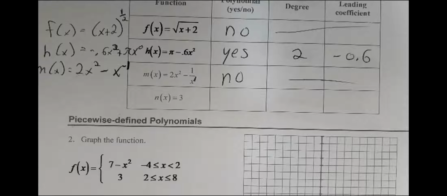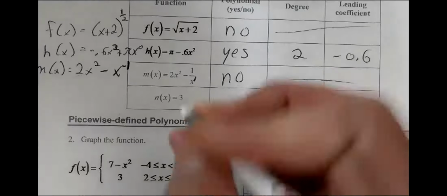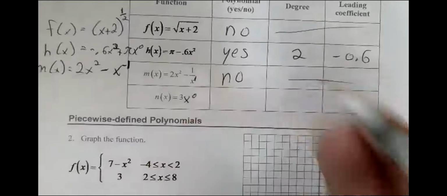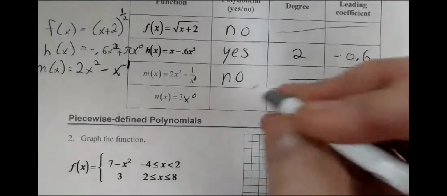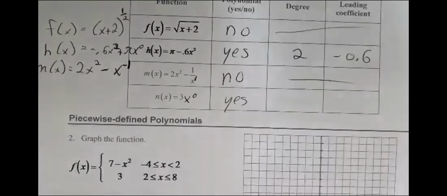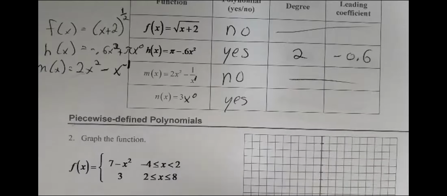N of x equals 3. So this is like a constant function. And if we don't see it there, we can always think about it as there's no x's there, or x to the 0. And so is this a polynomial? This is the degree.